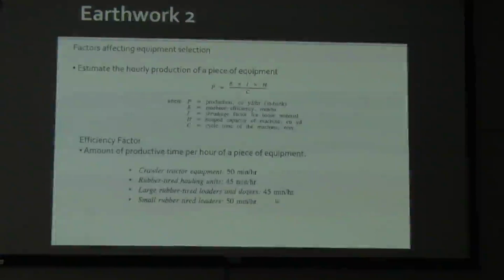Large rubber tired loaders and dozers, 45 minutes per hour. And again, small tired loaders are 50 minutes per hour. So for every hour, these are in production for about 50 minutes and 45 minutes and so forth. So efficiency is the amount of productive time per hour.